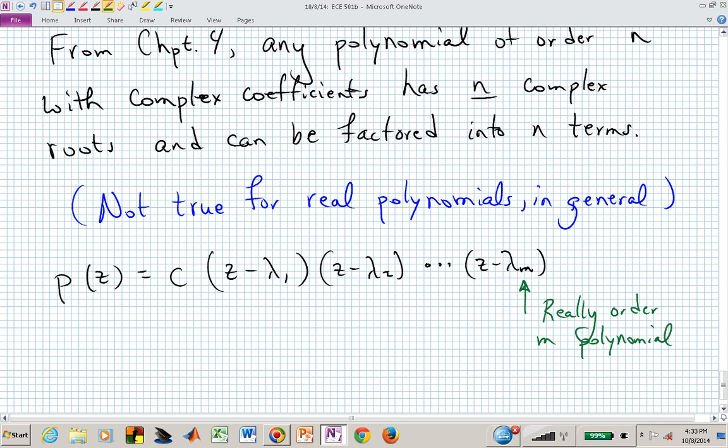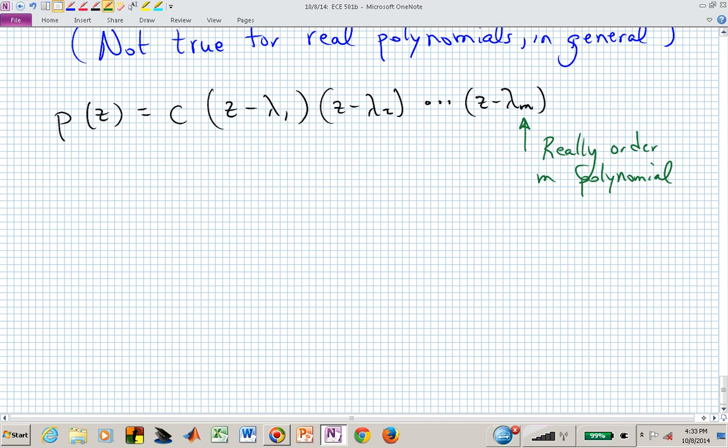Meaning we might have many roots at 0, for example, depending on the difference between little m and little n. But now that we have a polynomial, now we can apply that polynomial or use our operator in this polynomial expression, or relative to this factored form of the polynomial.